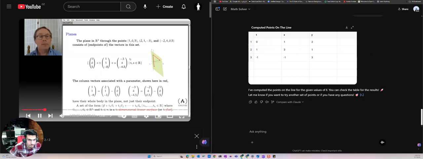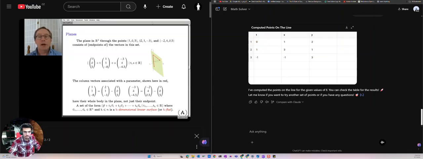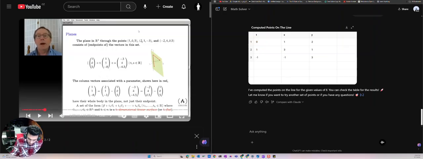Well, it came from the same place that the vectors came on the previous slide. So where, for example, did the 1, 1, 8 come from?